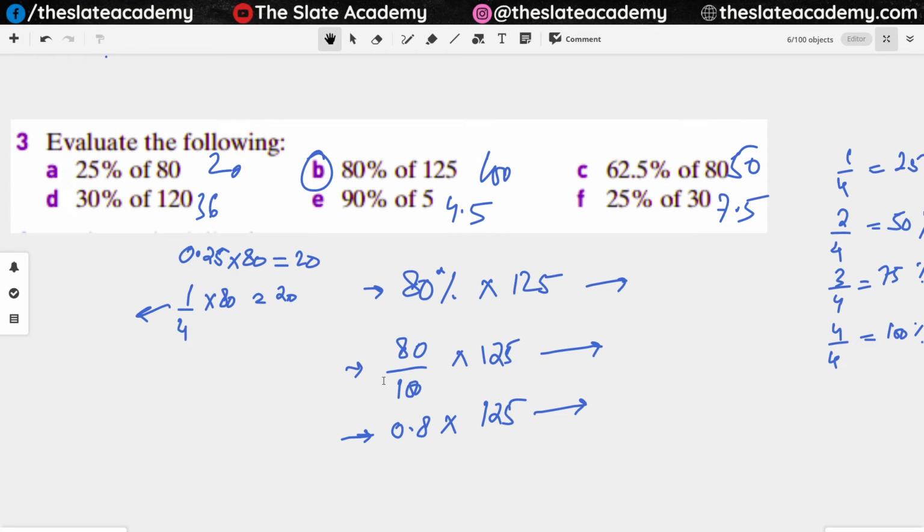Now, let's move to the type of questions that you are expected to have. I'm sending you a similar question for homework. These are the ones that you have to calculate.